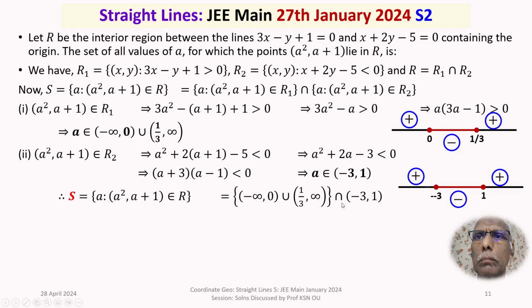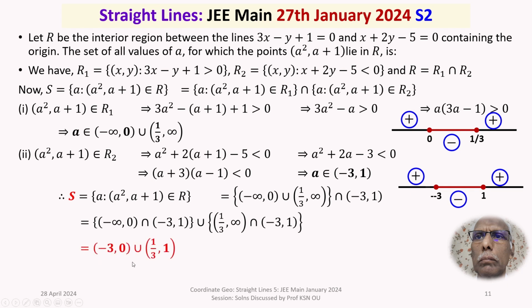Now use the distributive law. Then you will have minus infinity to 0, intersection minus 3 to 1, union the open interval 1 by 3 to infinity, intersection the open interval minus 3 to 1. And this, minus infinity to 0 intersection minus 3 to 1, will be open interval minus 3 to 0, union the open interval 1 by 3 to 1.